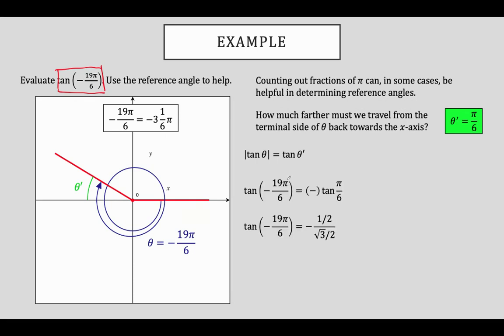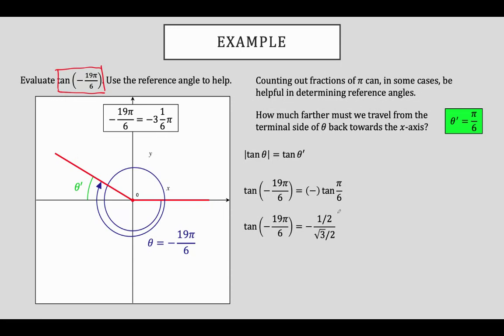Therefore, we can say that the tangent of negative 19 pi over 6 is equal to negative 1 times the tangent of pi over 6. Again, we evaluate the tangent of the reference angle and put the sign that we need in front of it. Tangent of negative 19 pi over 6 must be negative because it is in the second quadrant.